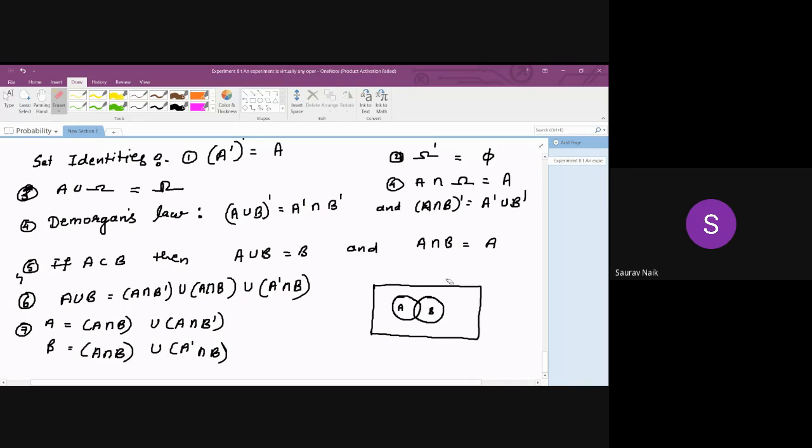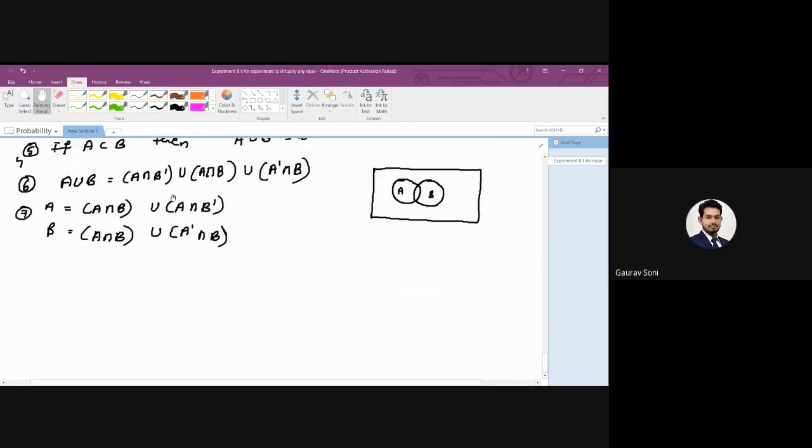In both the sets, A intersection B is common. Anyways, you think over it later. I'll write down an example.